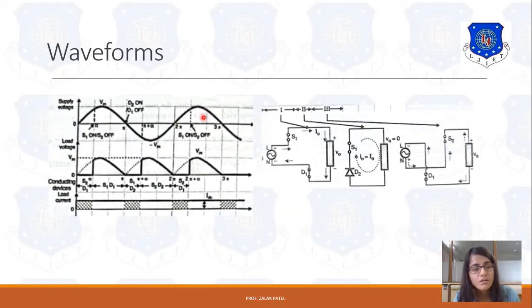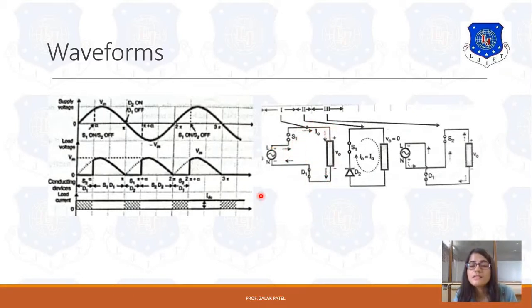Now what happens is, when S1 and D1 operate, the circuit diagram is like this. Here you can see S1 and D1 work as a closed switch, and if you see the direction of current flow, it is from left hand side to right hand side.